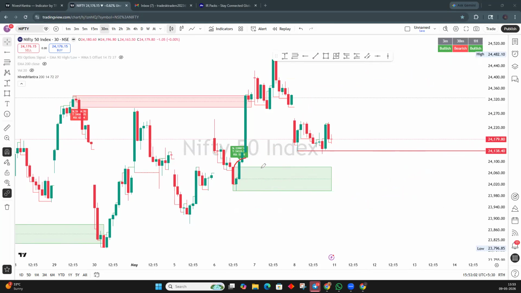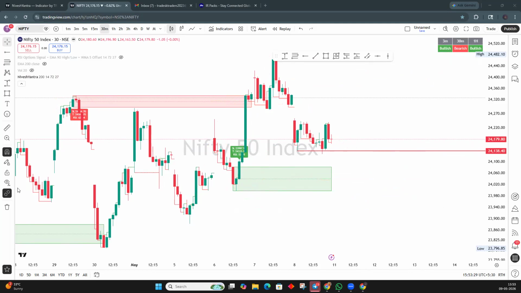At this area, after 6th April, we got a gap up, and after the gap up, we got a sharp selling. After the sharp selling, again we got some bullish signals, and then the market shot up. As I said, the overall trend of the market is bullish only, and we hit this higher liquidity and this supply zone. So now the next demand zone is near 24,000.